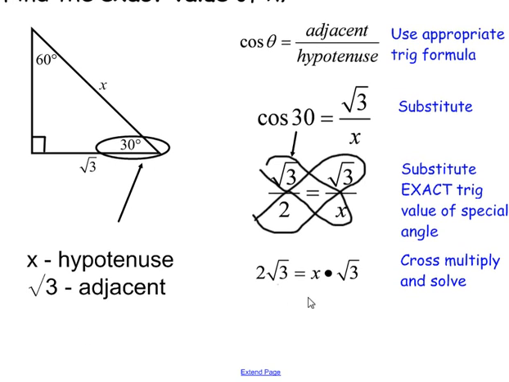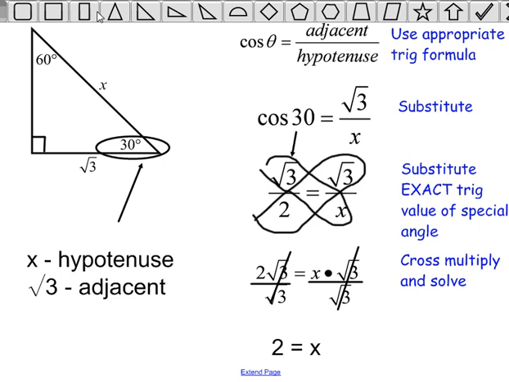So we're going to divide both sides by radical 3. The radical 3's cancel out over here, and the radical 3's cancel out over here. So I get 2 equals x. And that's my final answer.